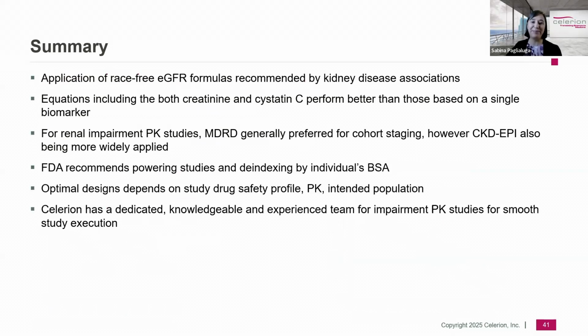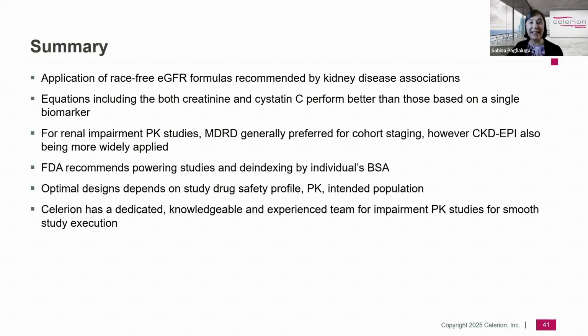Now, to sum up, the application of the race-free eGFR formulas are recommended by the kidney disease associations, as well as the combined creatinine and cystatin C formulas. For renal impairment PK studies, in the past, we've seen the MDRD be applied.